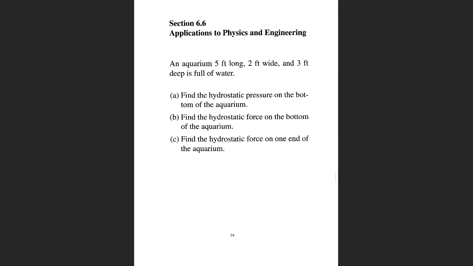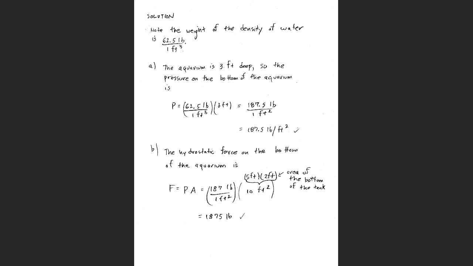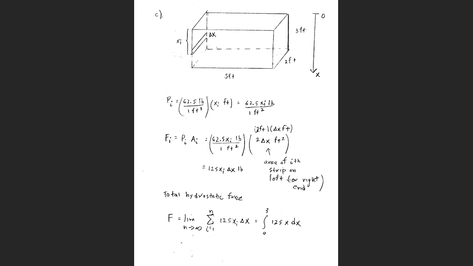So far we've done A and B. Now we want to find part C, the hydrostatic force on one end of the aquarium. So we have part A, and we have part B, and now we're looking at one end of the aquarium, part C. So what I've done is I've drawn a picture of this aquarium.